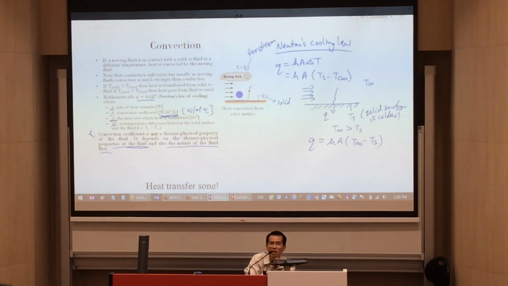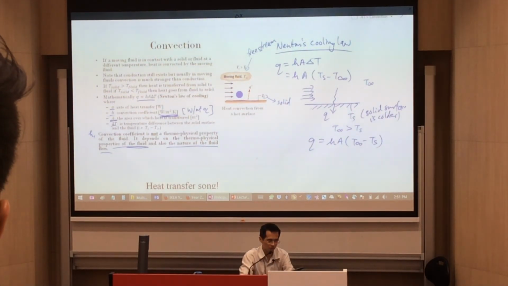And H is very sensitive to all these changes in orientation, surface roughness as well, the flow properties, how fast it is. All this will change the value of H. So your H is not the physical property of that fluid above your solid. It's not a thermal physical property.